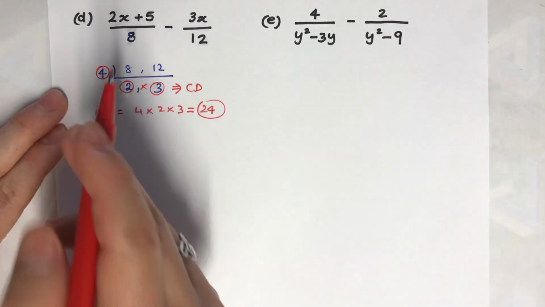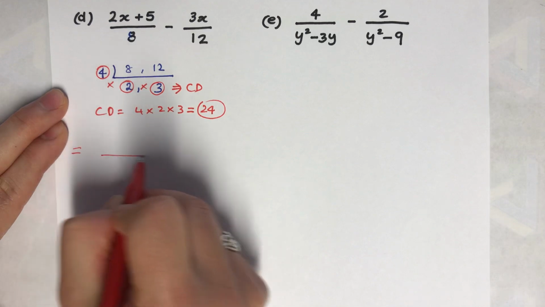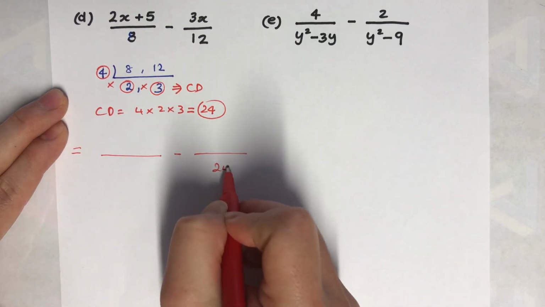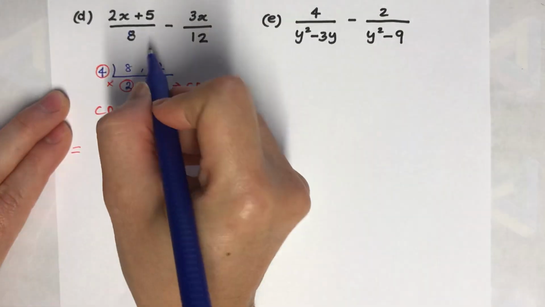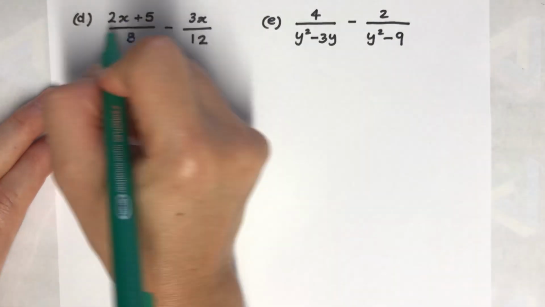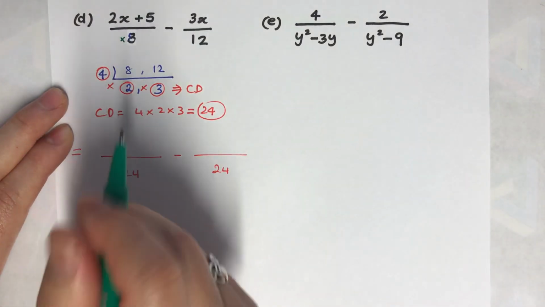So let's start. I'm going to change this one to 24. How do I make it 24, guys? I'm going to times by 3.